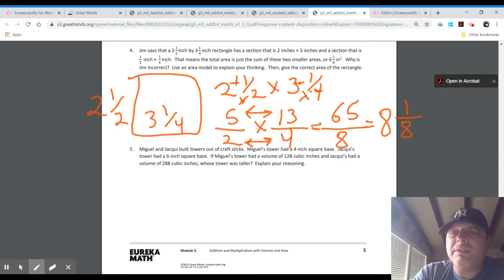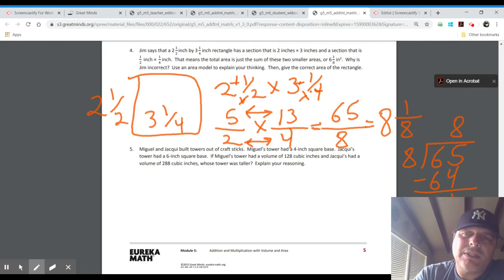You can even do the math if you wanted to. 8 goes into 65, 8 times 8 is 64, and we subtract, you get 1 left over, and the 1 goes back over the 8.